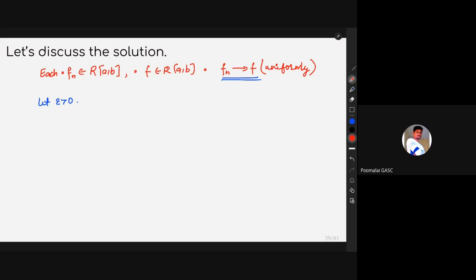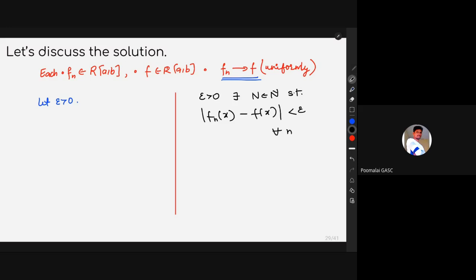Let me write it down here. This uniformity gives us that if you start with any epsilon greater than 0, then there exists N in the natural numbers such that |f_n(x) - f(x)| is smaller than epsilon for all n greater than or equal to N.